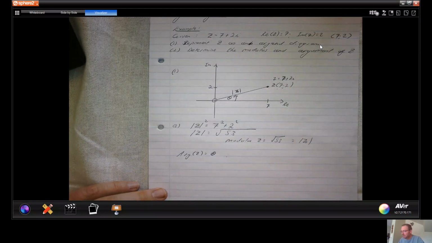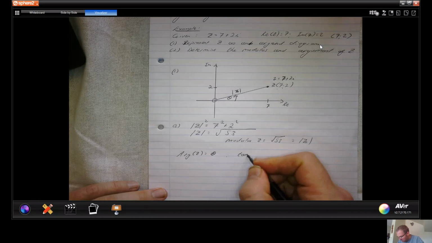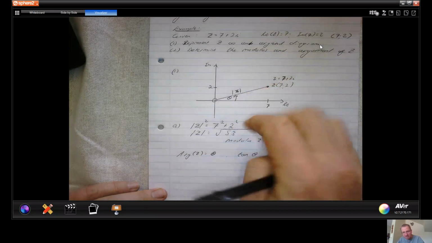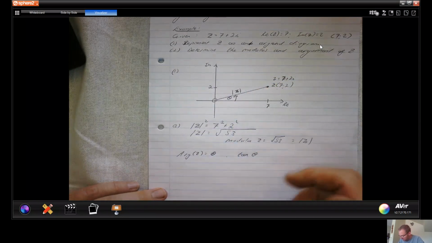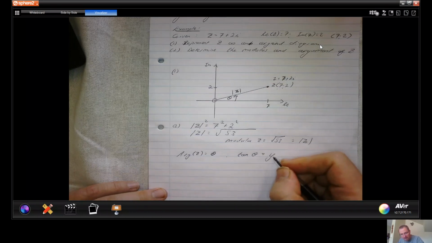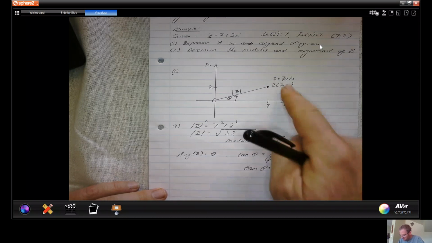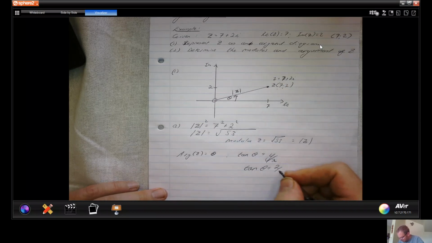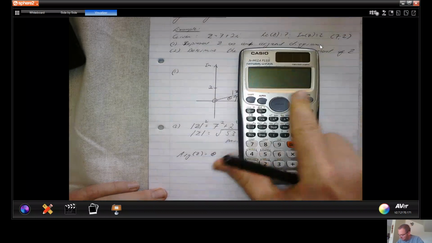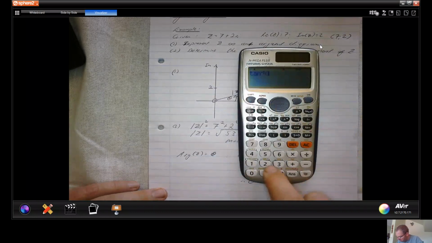You know that tan of an angle, where the angle is measured in an anti-clockwise direction from the positive real axis, tan of theta is going to be equal to y over x. So tan theta is equal to 2 over 7. So to find the angle, you're going to go shift tan to the negative 1 of 2 over 7, or 2 divided by 7. And Rosa, what did you get?